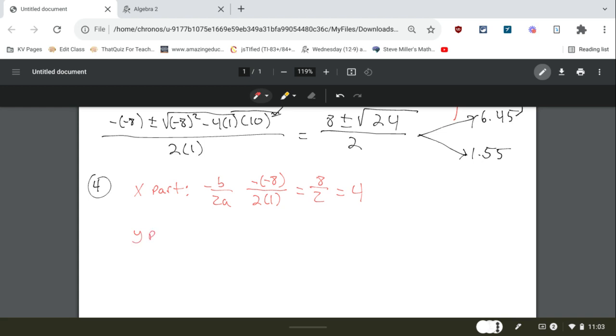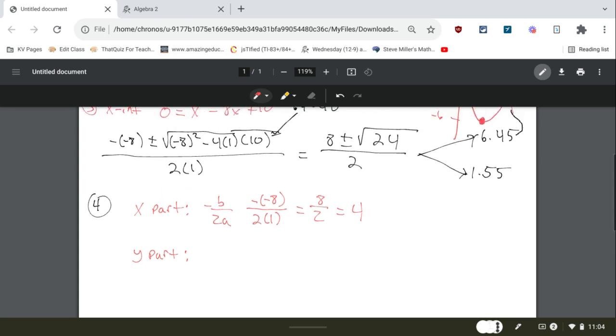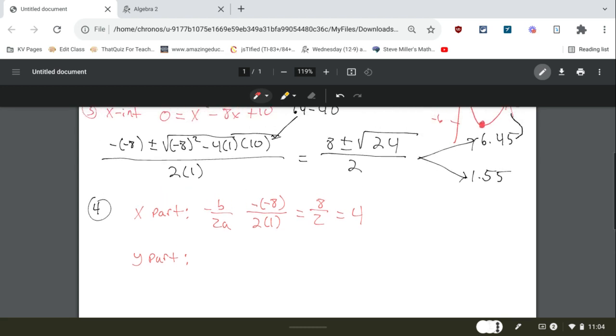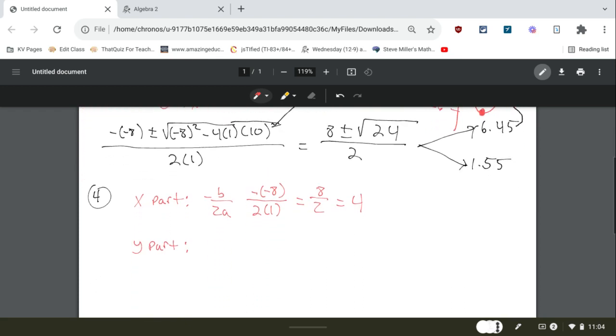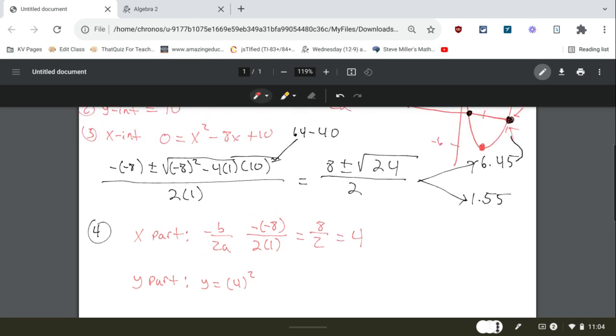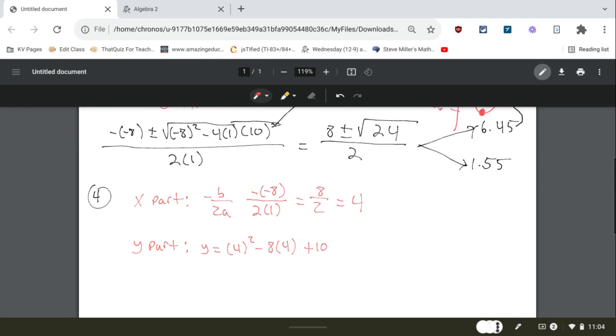And if you have the x part and you want to find the y part, what you do is take that 4 and plug it back into the function. So it would be y equals x squared, 4 squared, minus 8 times 4 plus 10.